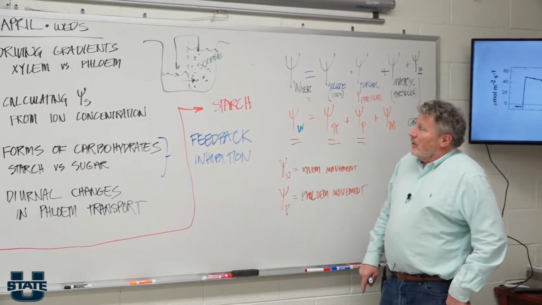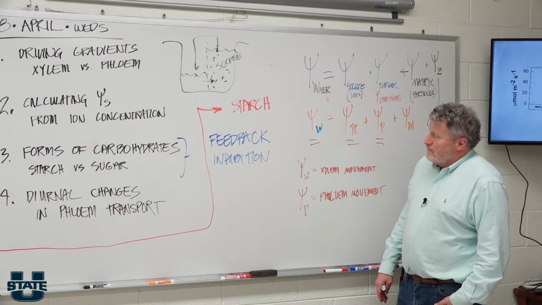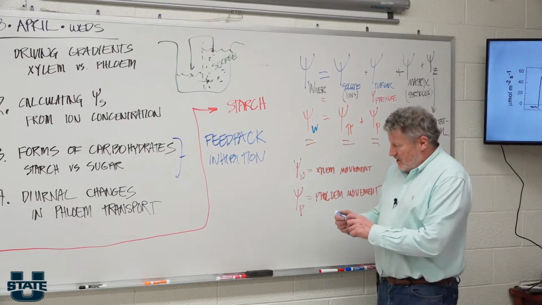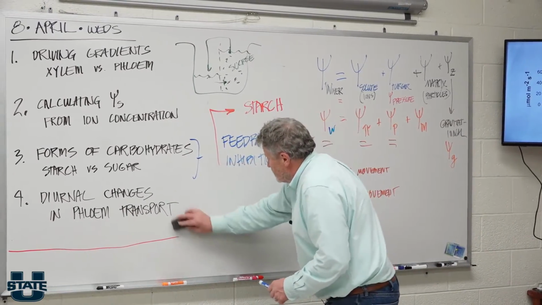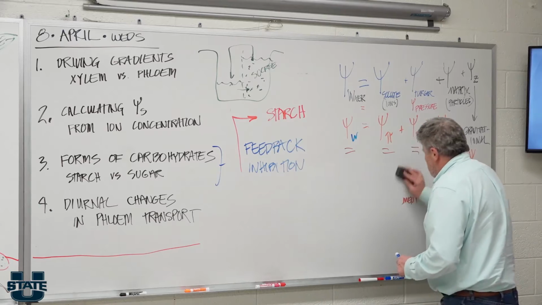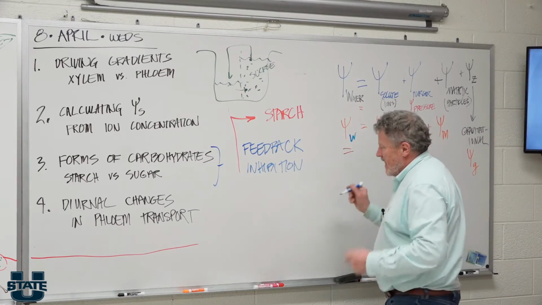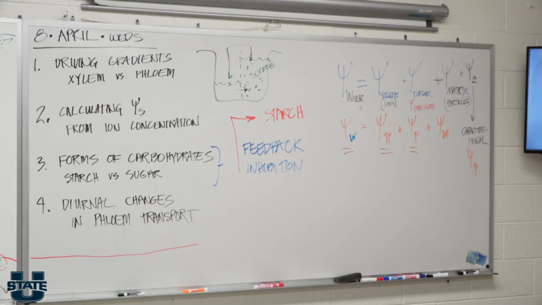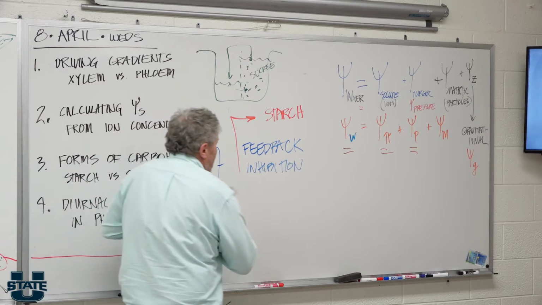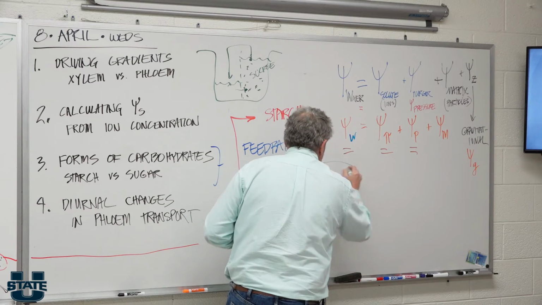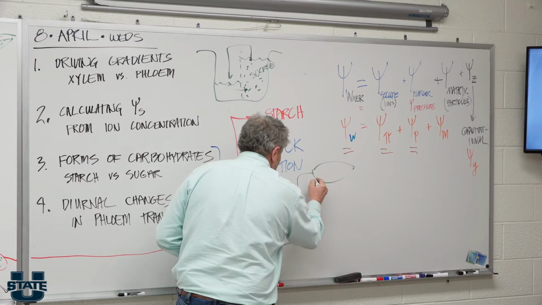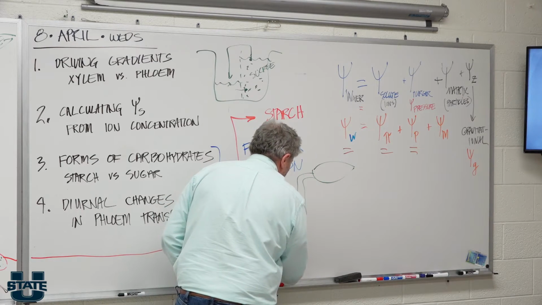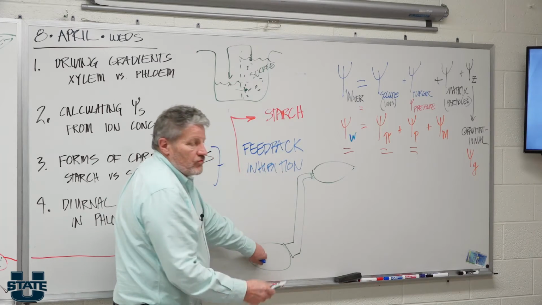So when we do an analysis of this, let me give myself a little room right here and erase that. If this is the leaf up here, and this is the phloem, and here's the root right here.